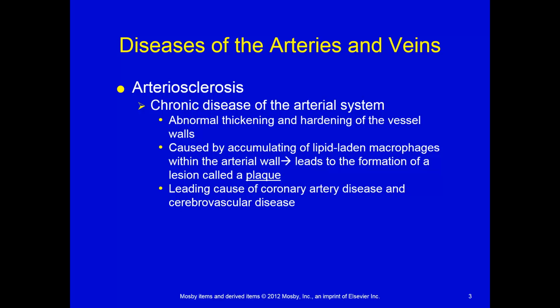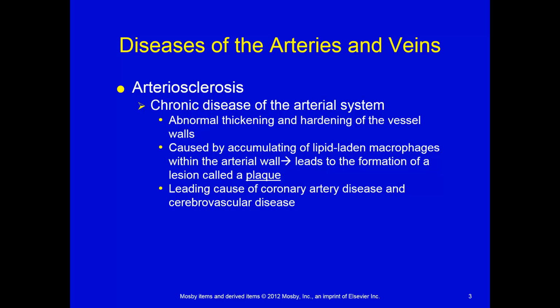What I mean by that is it is a chronic disease of the arterial system. It's an abnormal thickening and hardening, almost like a sclerosis or sclerotic formation, of the vessels. What causes atherosclerosis is accumulating lipid-laden macrophages within the arterial wall.